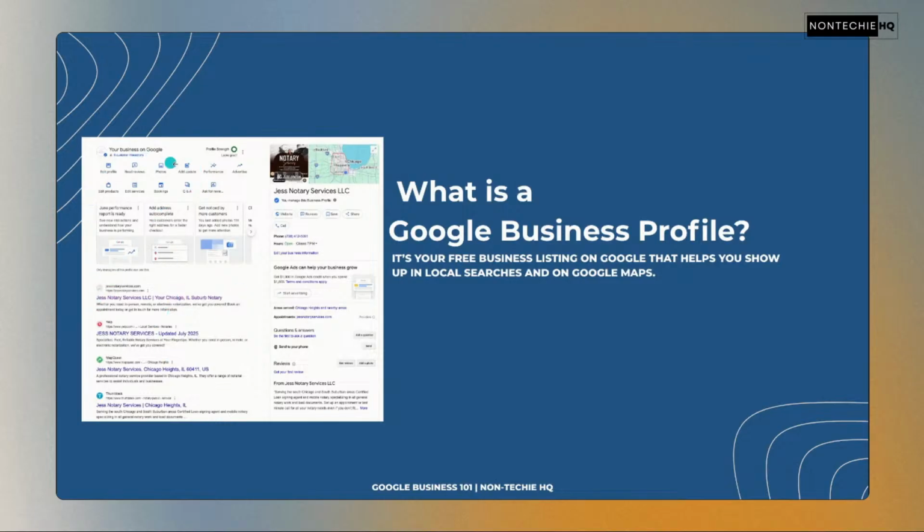On the left-hand side, when you're logged in to your business page, there's a section that shows different pieces of the Google business page where you can edit your profile, look at performance, set up ads, and sell products. If you click on any of these, it'll take you to that part. Here is some news and ways to optimize your profile from Google, and it's shown to you, not to your customers.